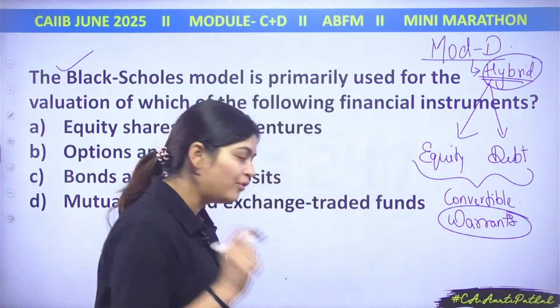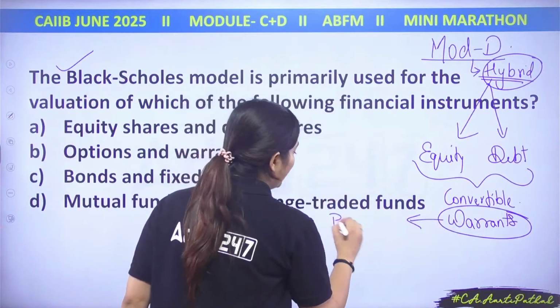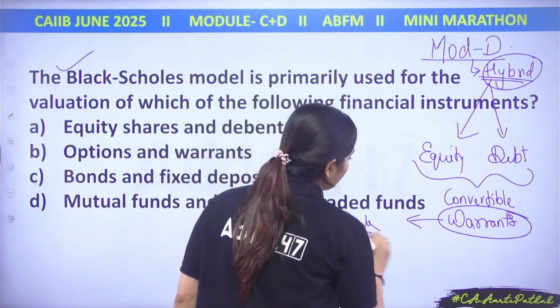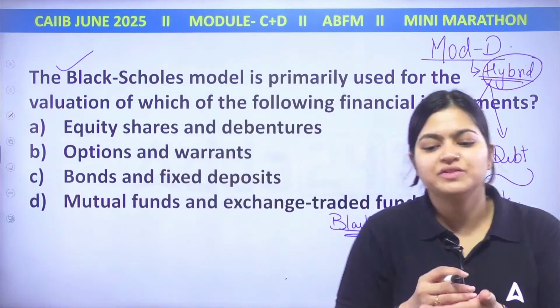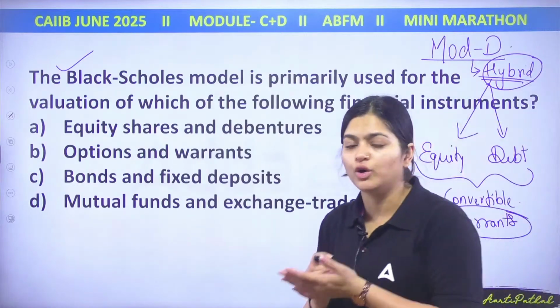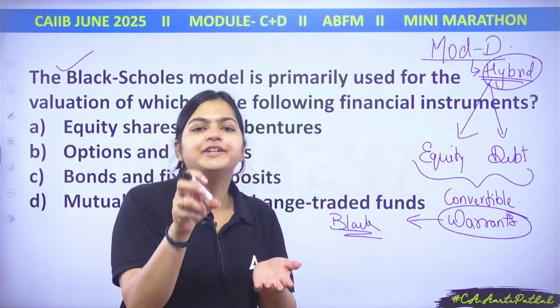Under warrants, we have seen one method, that is the Black-Scholes model. Warrants means you are receiving the right to purchase the equity shares at a predetermined price.